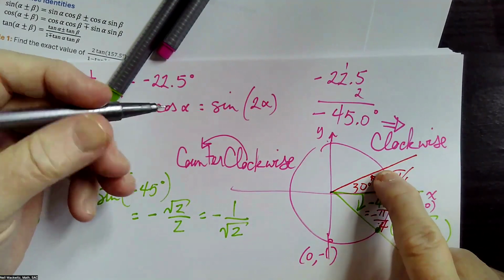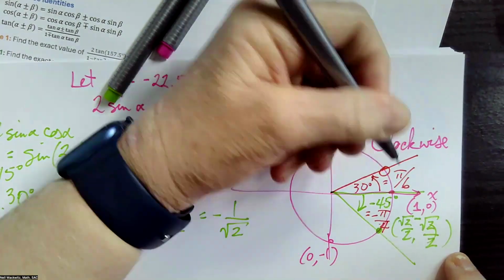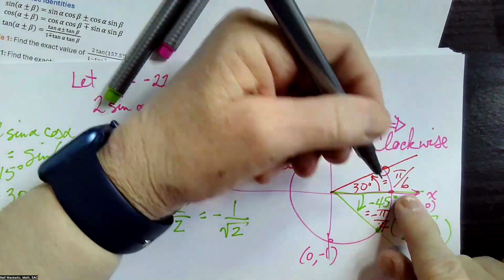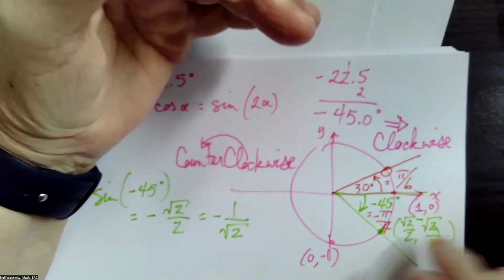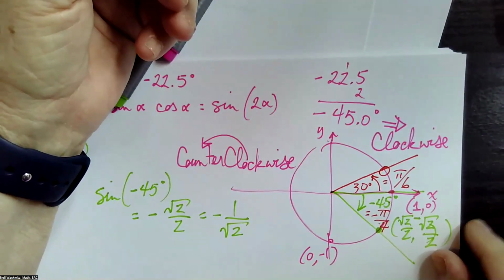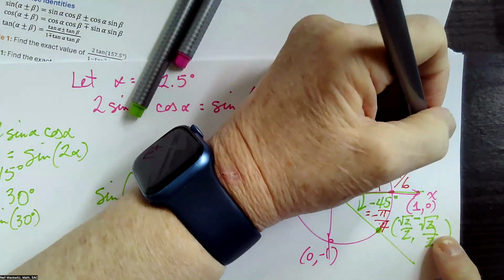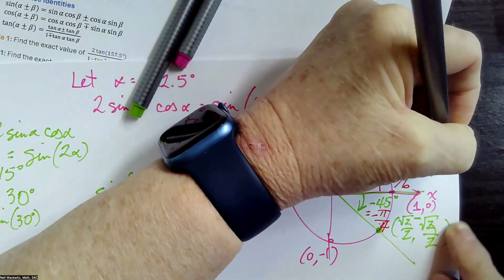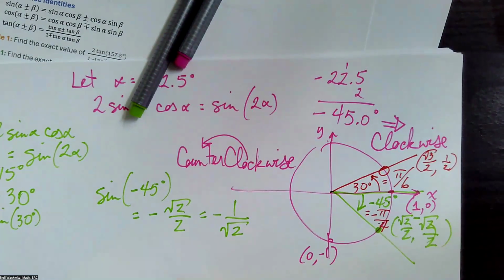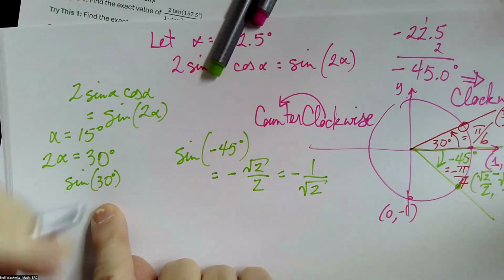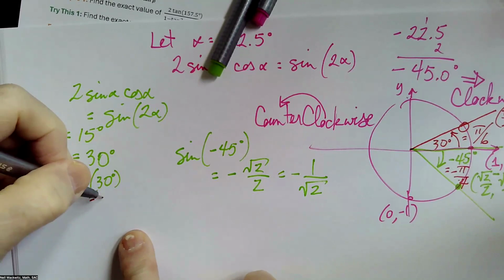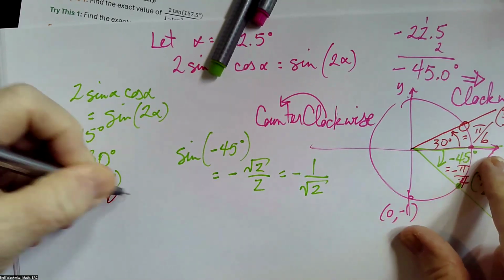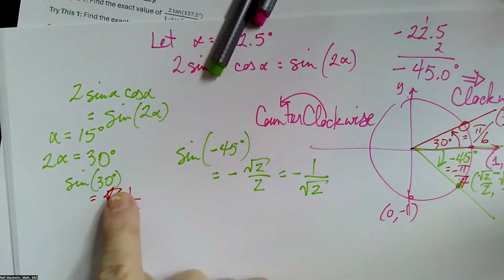So what are the coordinates of the point at pi over 6 or at 30 degrees on the unit circle? Square root of 3 over 2 and 1/2. Beautiful, thanks. So that means that the sine of 30 degrees is 1/2, because sine goes with y.